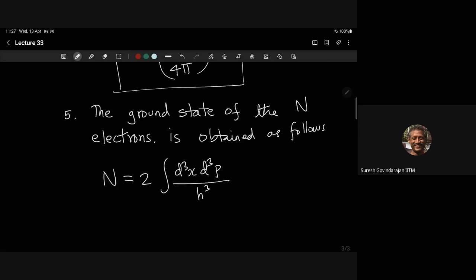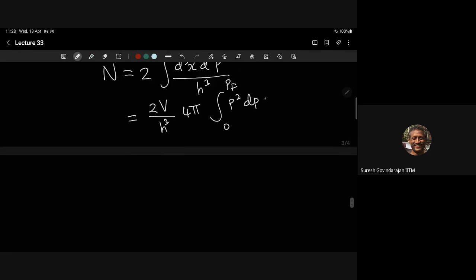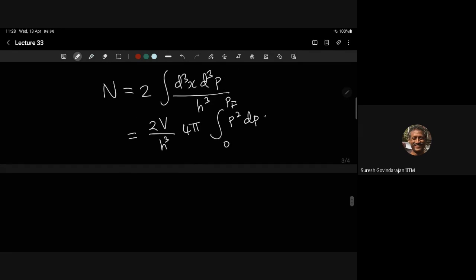I'll not put the limits now, in the next line I'll put. So d³x will give us 2V by h³, and this we can write as 4π integral from 0 to some momentum of p² dp. So this will just become n equal to 2V by h³ into 4/3 π p_F³.